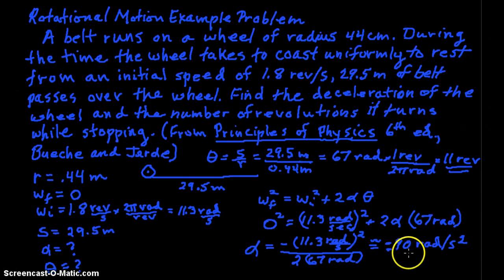So they might ask for the deceleration in revolutions per second. So in that case, you'd have to multiply by 1 revolution per 2 pi radians.